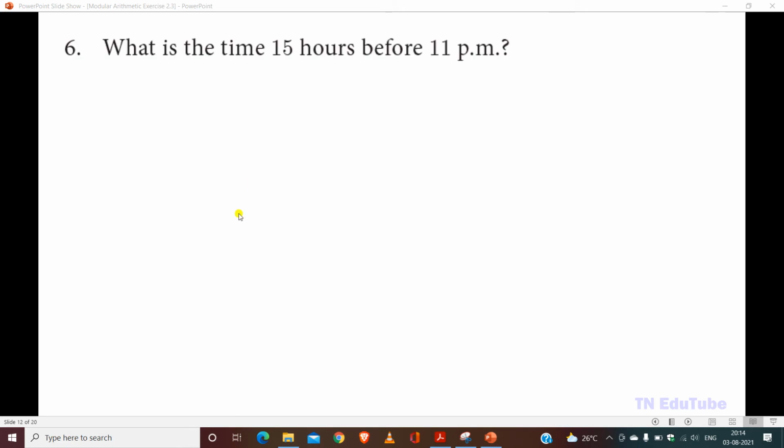Then question number 6. What is the time 15 hours before 11 PM? 15 hours before 11 PM means before. So PM means the midnight, isn't it? Midnight 11 PM. So according to the railway time, that is 24 hours time. So 11 PM becomes 12 plus 11, that is 23 hours.